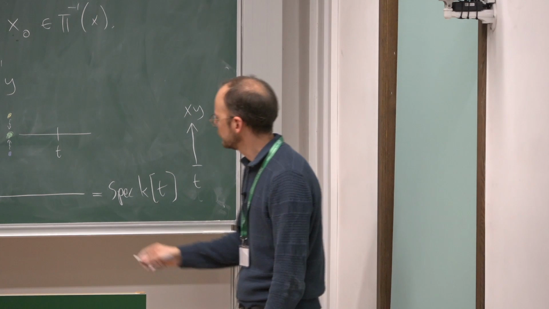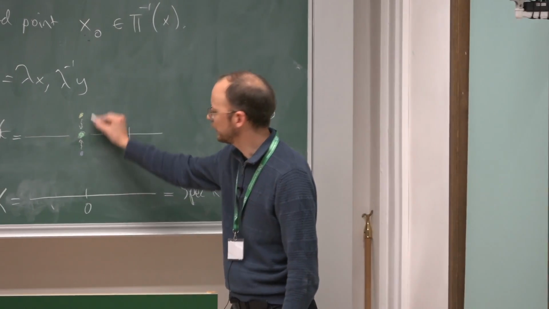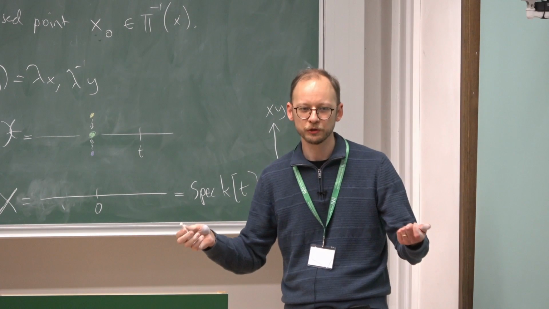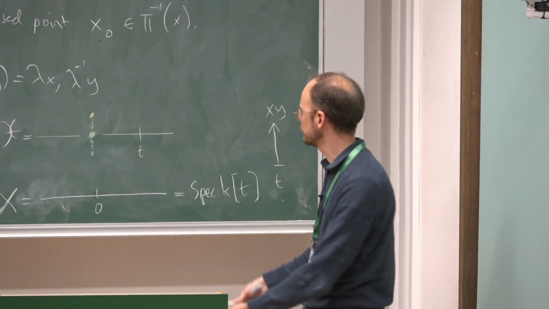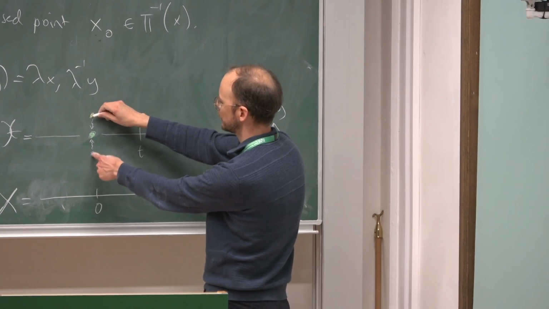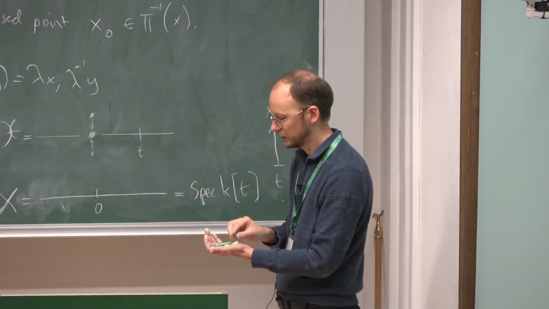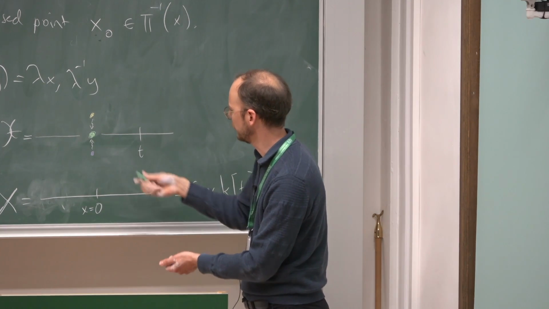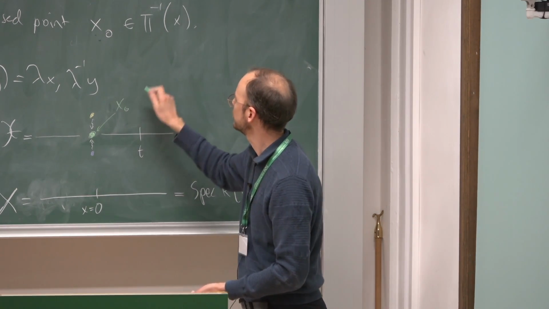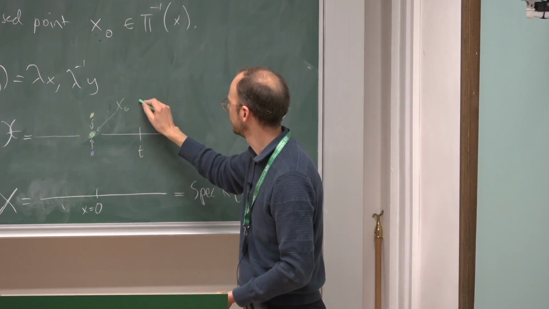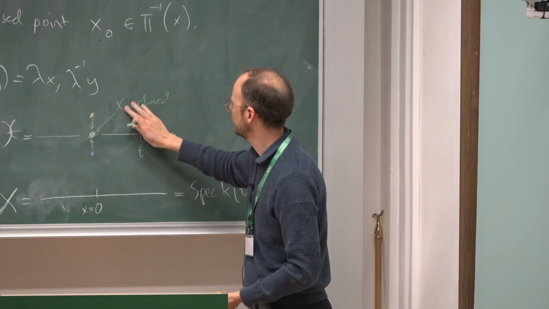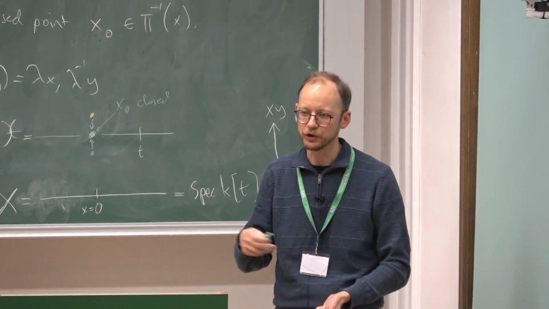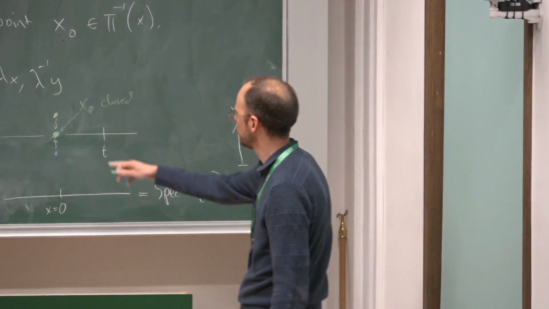So we see that if we pick 0, then we have 3 points in the preimage. Josh told us we have to identify these 3 points because these 2 are not closed, but they specialize to this closed orbit. This green one is the unique closed orbit, which in terms of GIT is usually called the polystable point.